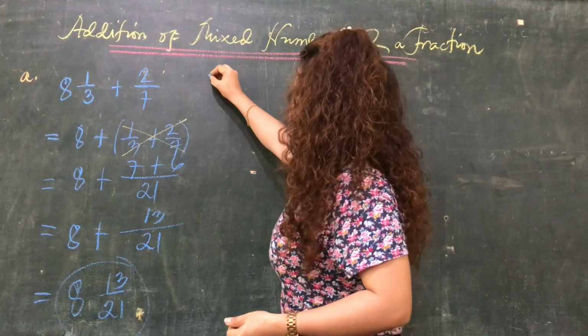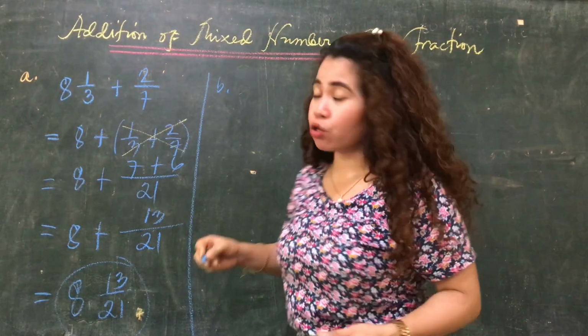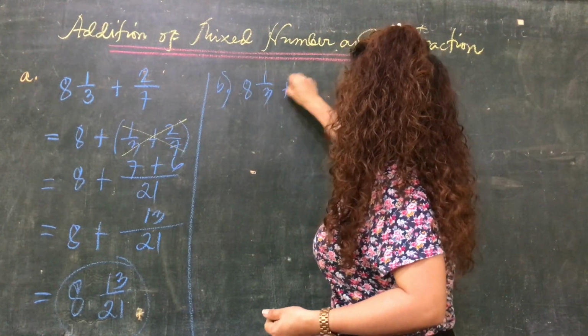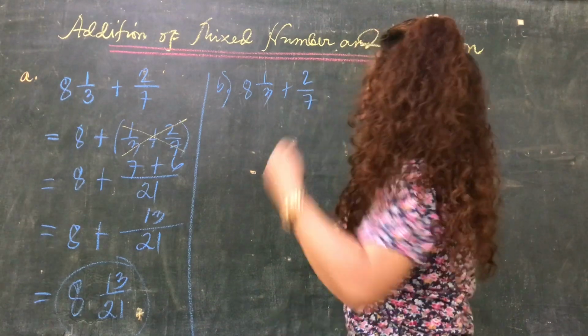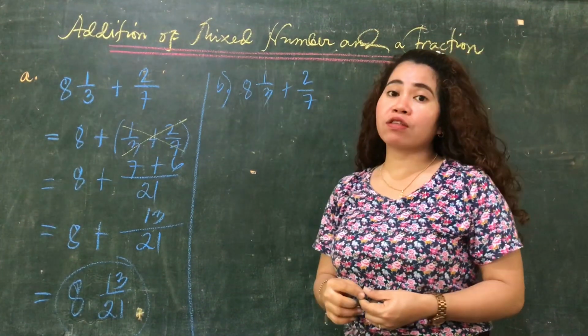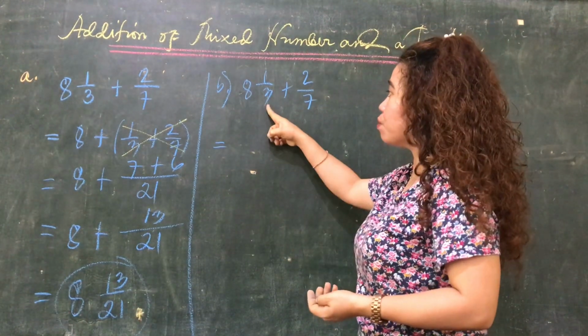Okay. Let's have another solution. Let's have same fraction, same gihapon. Ang given 8 and 1/3 plus 2/7. So ang atong buhaton karon, ang kaning mix, himuon nato siyang improper fraction. How?